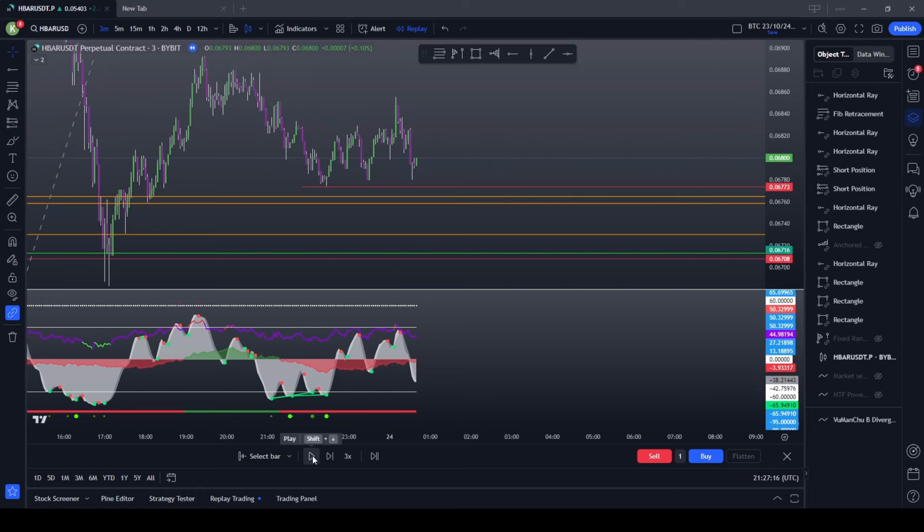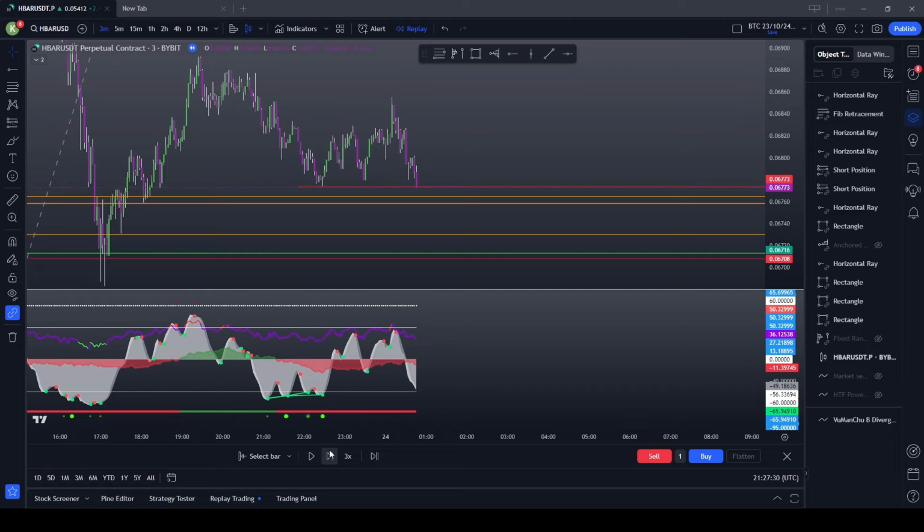Oh, not quite. I mean, the next green dot's going to print and be quite good, I think. So we'll probably enter on the next green dot. It'd be nicer to break these lows, but we'll see. There we go, broke the low. Now we're just waiting for the green dot anyway.